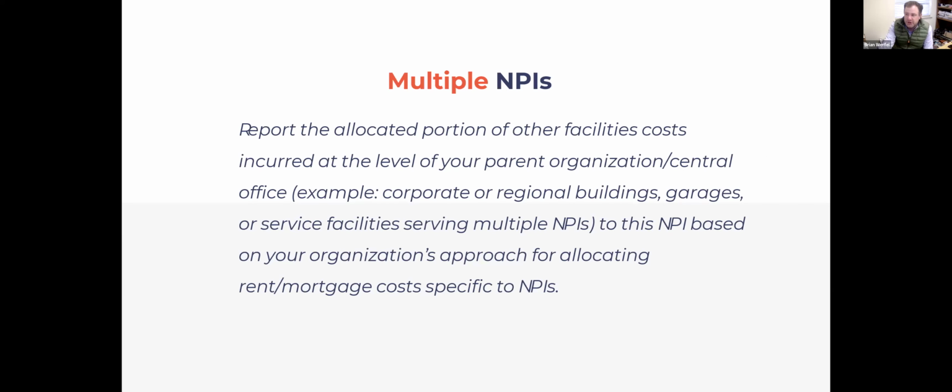If you have multiple MPIs, it is possible that those multiple MPIs share facility space, in which case you need to do potentially two different allocations. So if you have two EMS entities, both of which maybe have a common parent company, the headquarter building likely provides services for both of them.